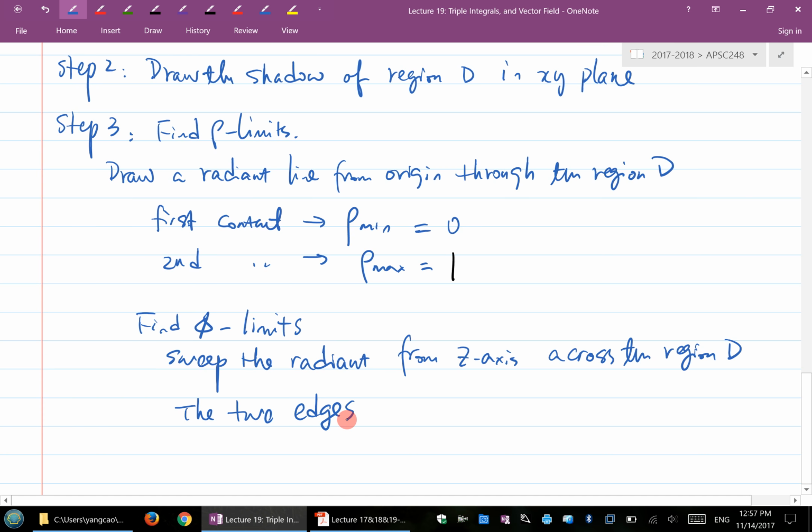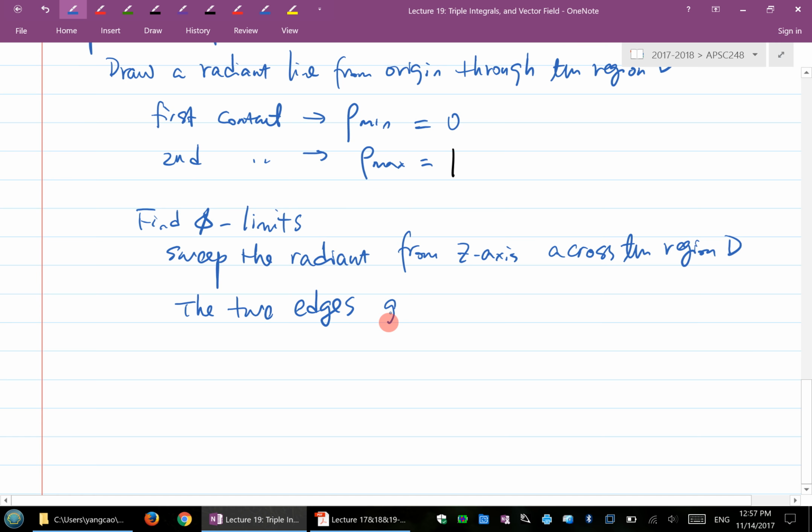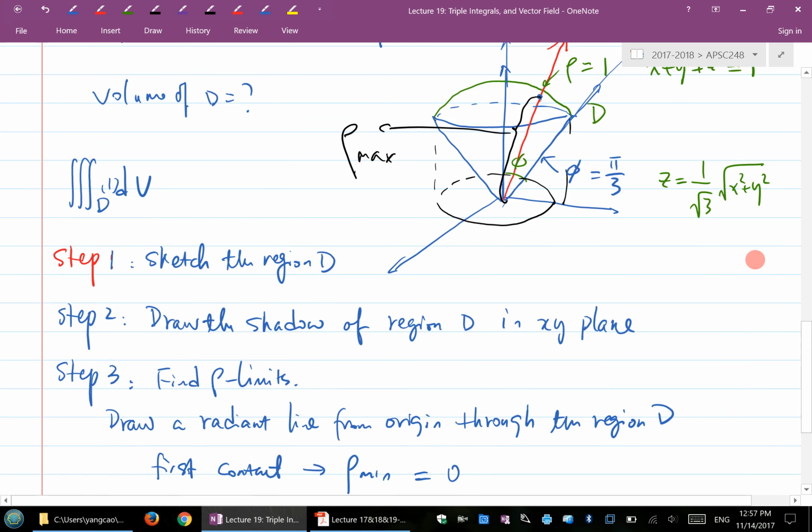Sometimes your first edge may be at 30 degrees. It really depends on the actual region D. The two edges give a phi min and a phi max. So in this case, your phi min is 0, and your phi max is pi over 3. That's your phi limits, so that's how you find phi.